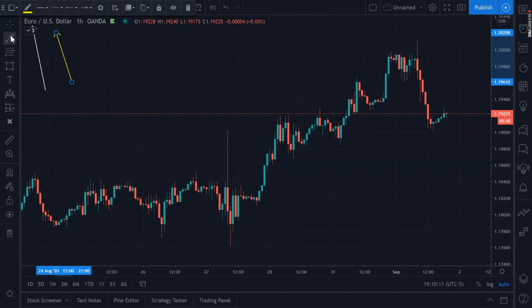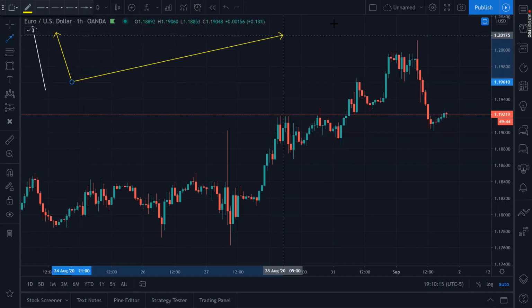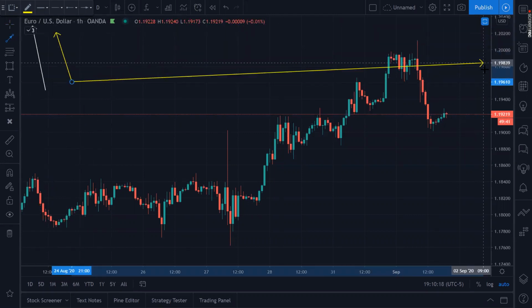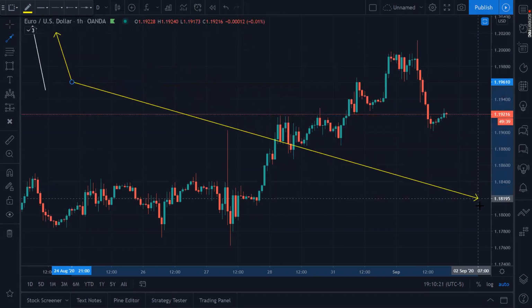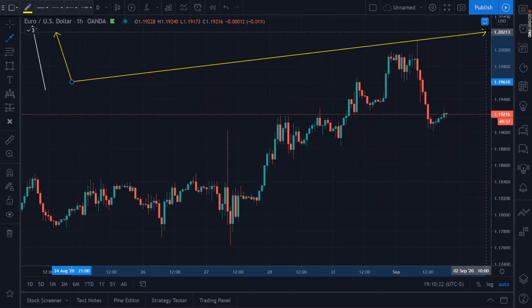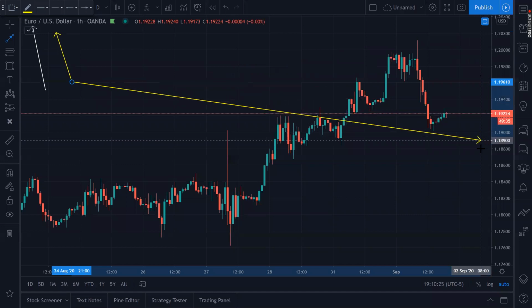So in other words, way over here to the right, you see all these numbers. That is your currency quote.